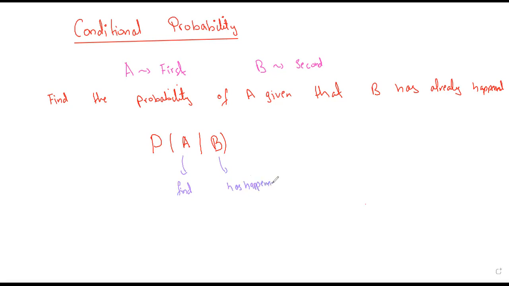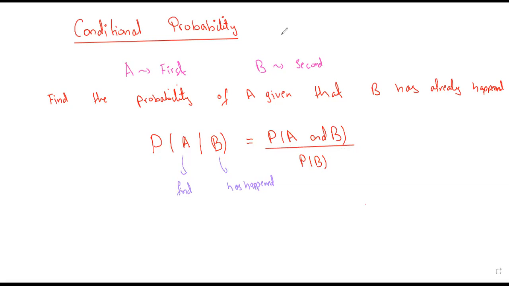Now, how do we find it? We have a fixed formula for conditional probability. This is equal to probability of A and B divided by probability of B only. Please be very, very careful about A and B. Okay.